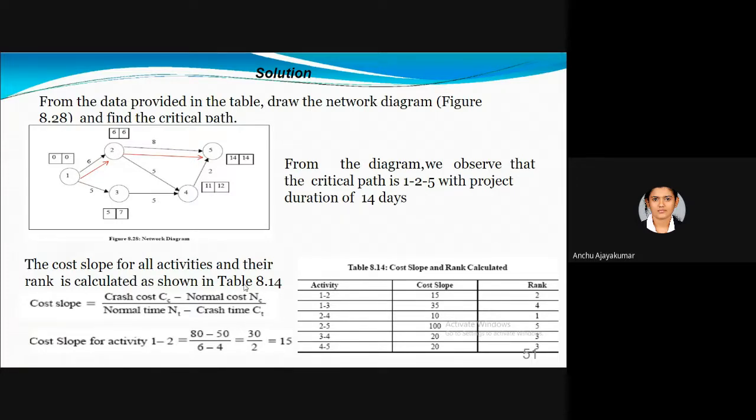So we calculate the cost slope column, and from it we have to rank. Ranking means the minimum cost slope we put as 1. Then likewise we proceed. In this table we can see that the minimum cost slope is 10, so I am ranking it as 1. Next is 15, ranked 2. Next is 20, ranked 3, then 4, 5, like that.